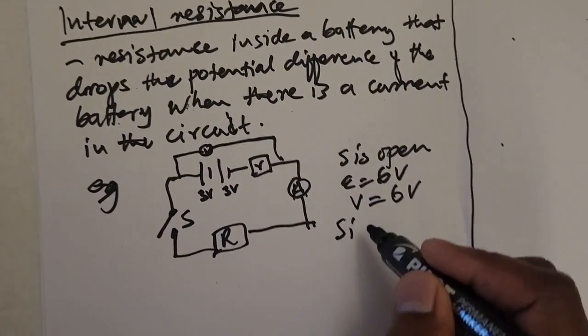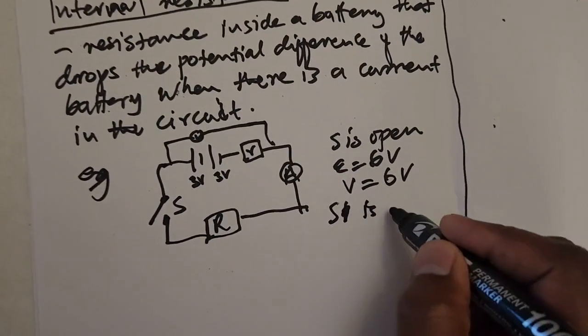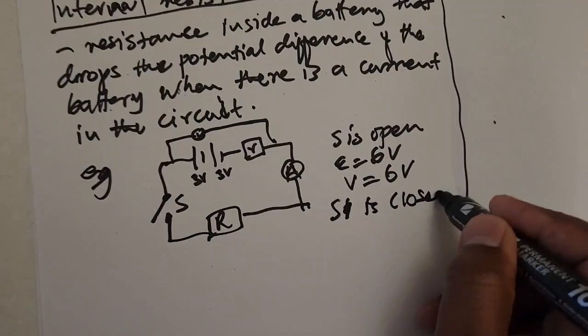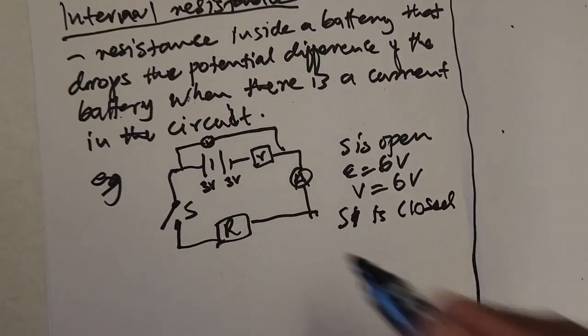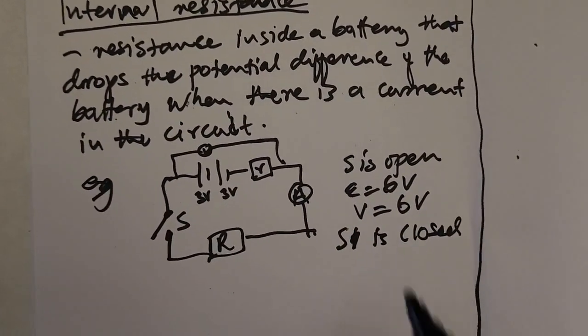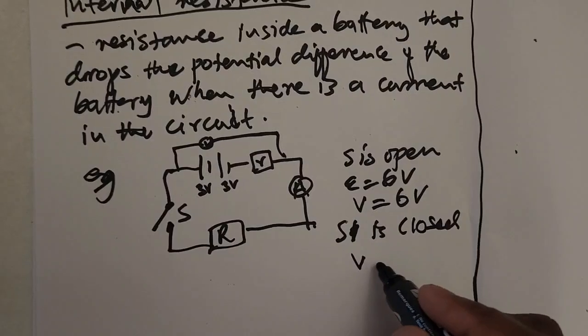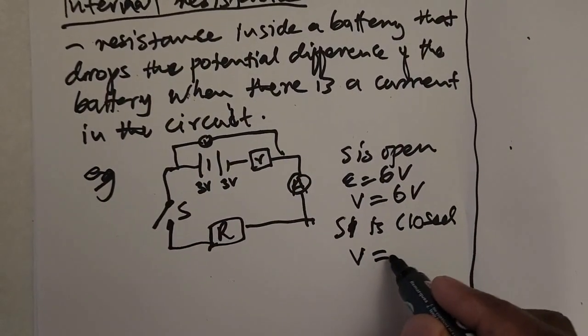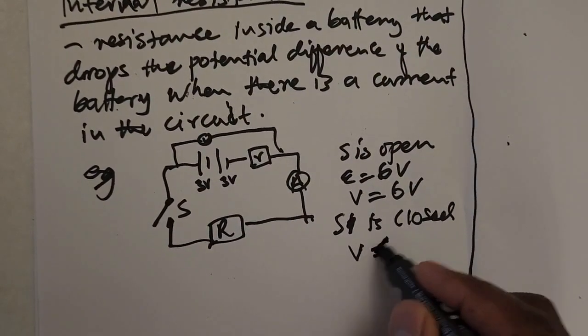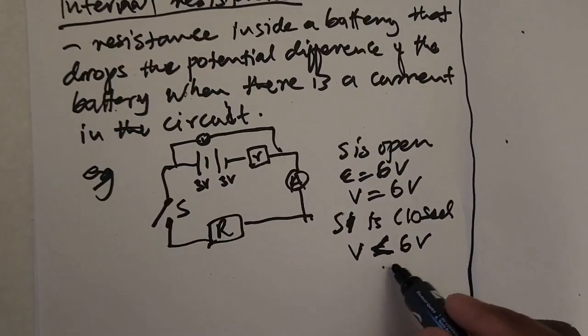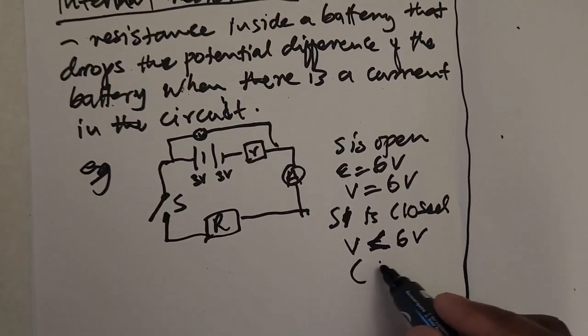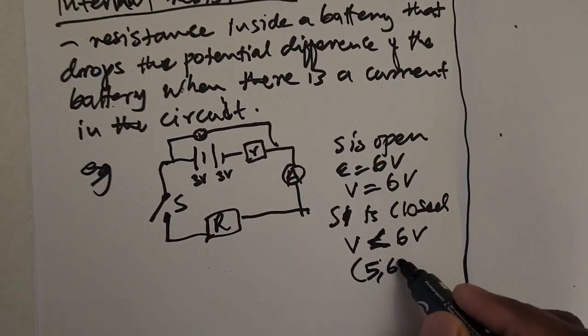But when S is closed, and there is current flowing in the circuit, V will be less than 6 volts. For argument's sake, hypothetically, it can be 5.6 volts.